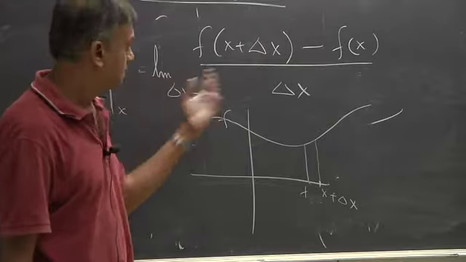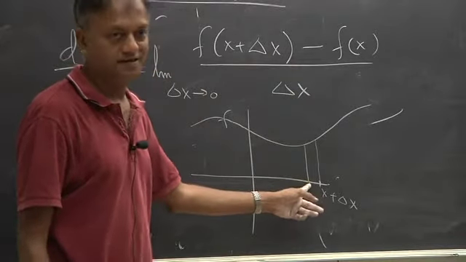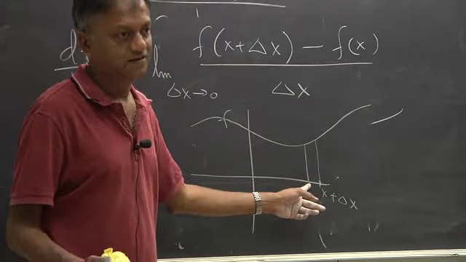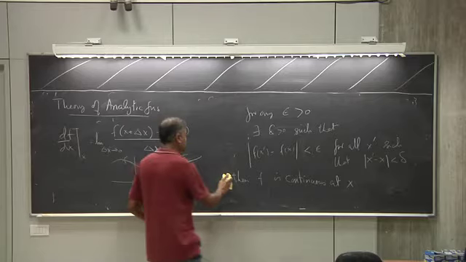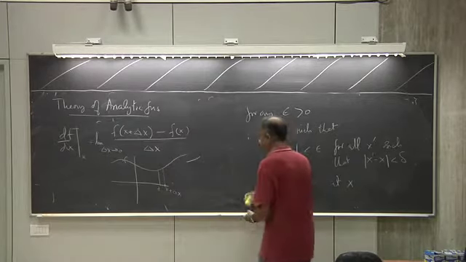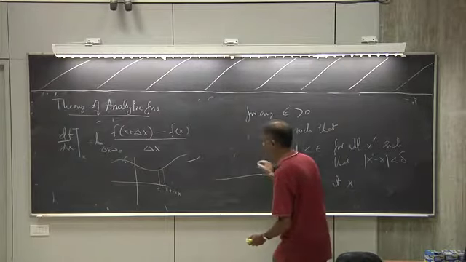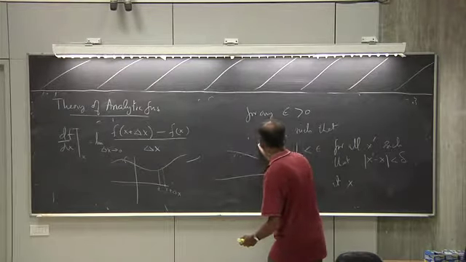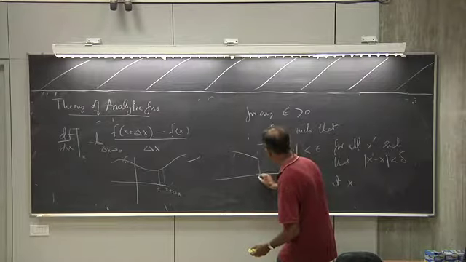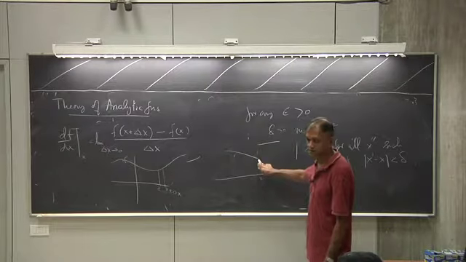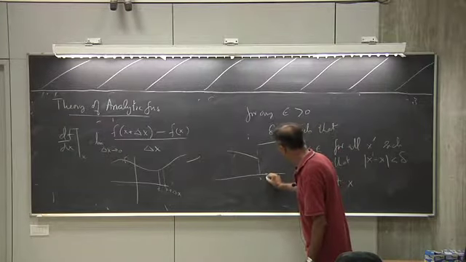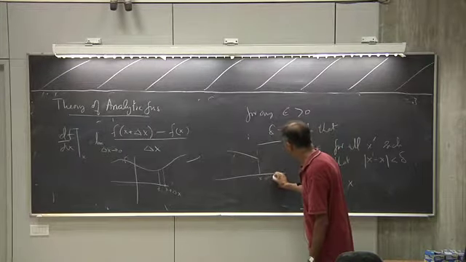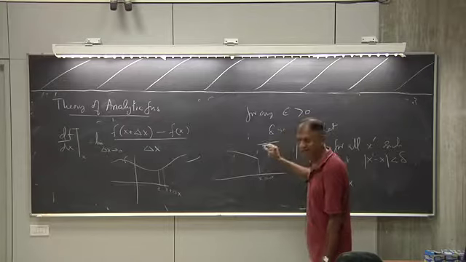Okay. It's clear that if the function is discontinuous at x, this limit will not exist in general. Take the situation where the function is like this. Here is x, and I want to compute df by dx here. Now take x plus delta x. The value is here, right?